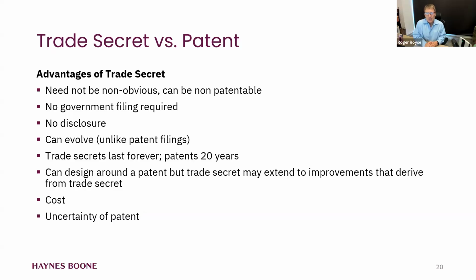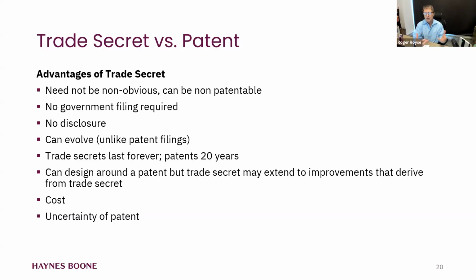Now, sometimes you do not want to patent your trade secret, even though it is patentable. Sometimes there's an advantage to keeping it as a trade secret. And when is that true? Well, let's talk about the advantages. We don't have all these requirements. Remember the non-obvious requirement. So your trade secret could be non-patentable.